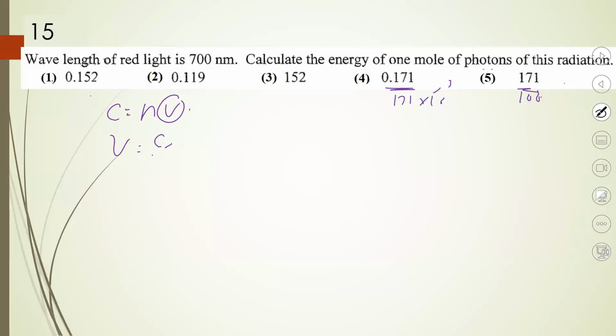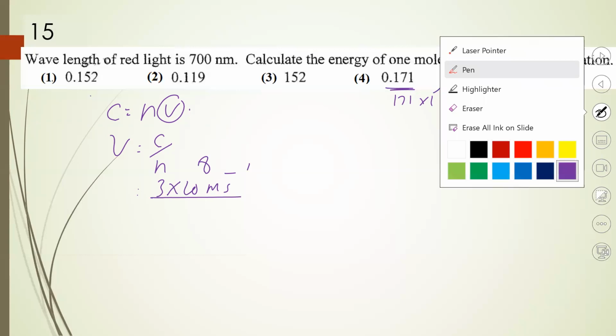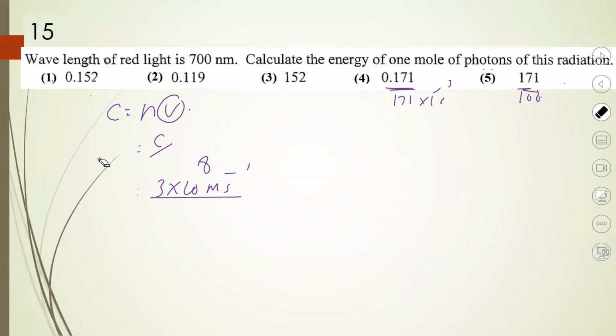Nu is equal to c over lambda, with c being 3 into 10 to the power 8 meter per second, and lambda 700 into 10 to the power minus 9 meter.